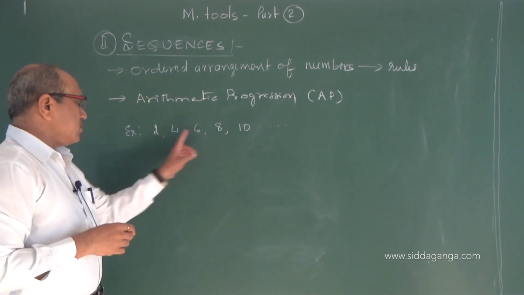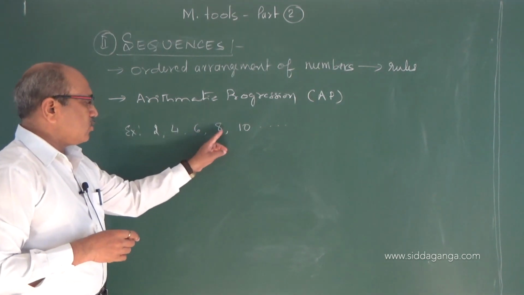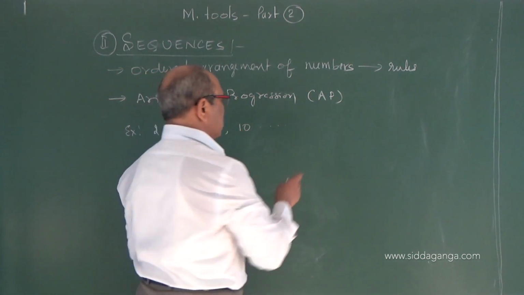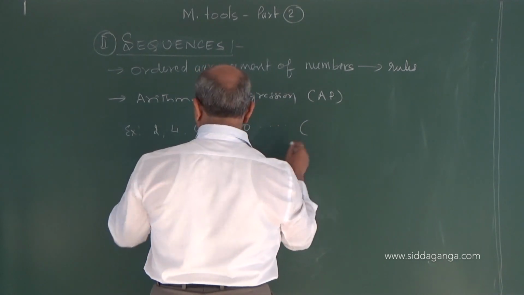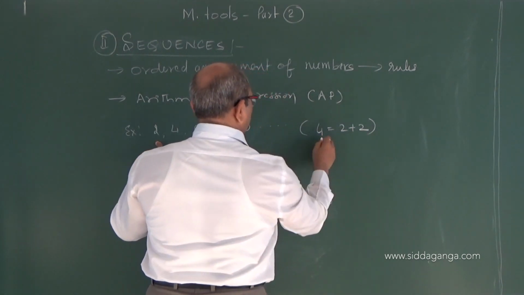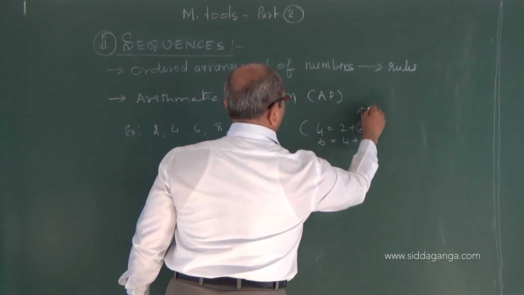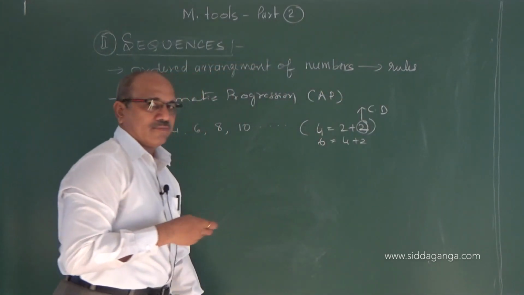What we see here is that the number 4 is obtained by 2 plus 2, and 6 is obtained by 4 plus 2. We call this a common difference.